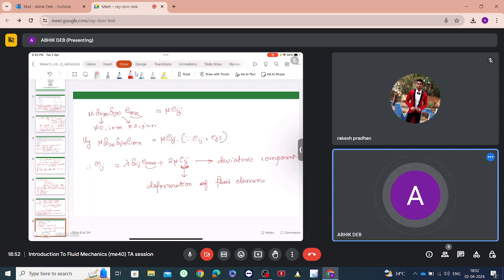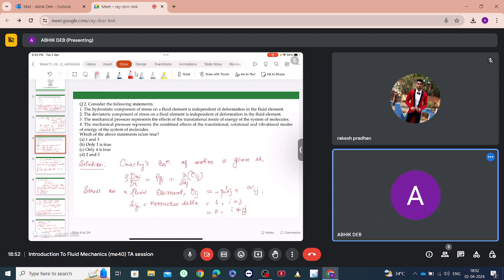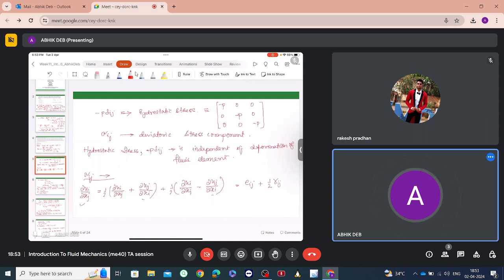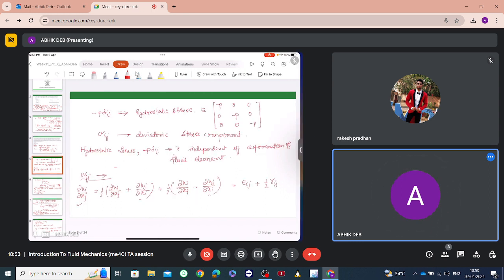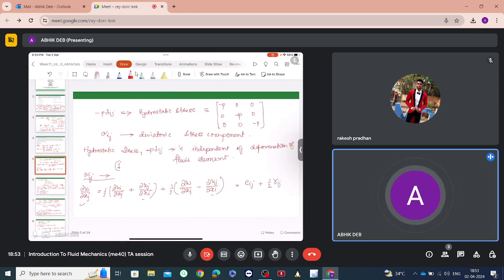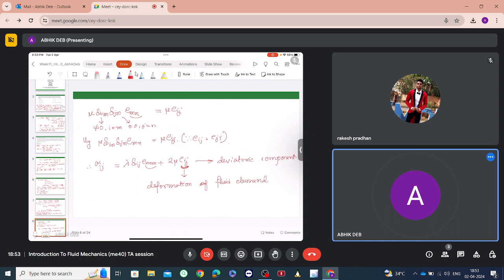So from here we see that option number 1 is correct. Option number 1 is correct. That the deviatoric component is independent is not correct. Therefore, option number 2 is not correct.